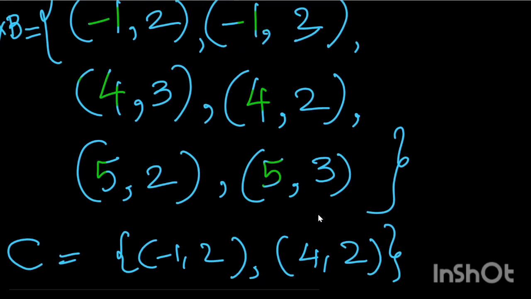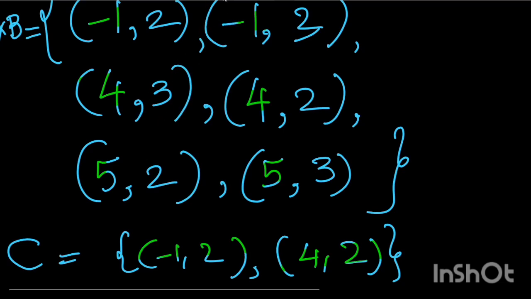Now let's define a set C = {(-1, 2), (4, 2)}. This is a set that I have defined. Now what is the relation between C and A cross B?